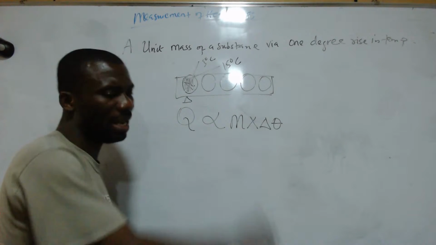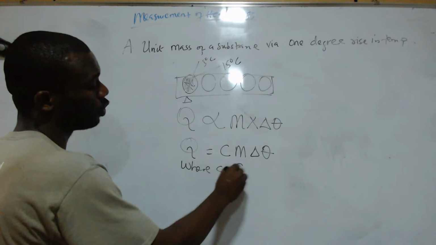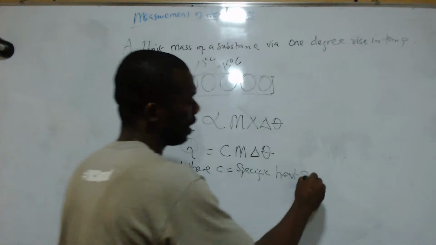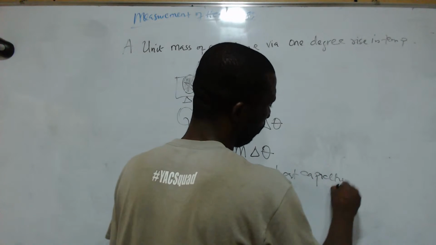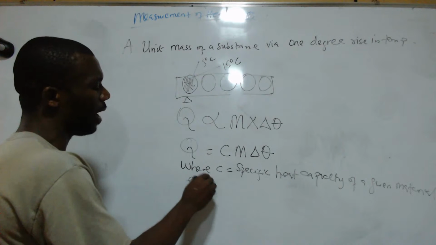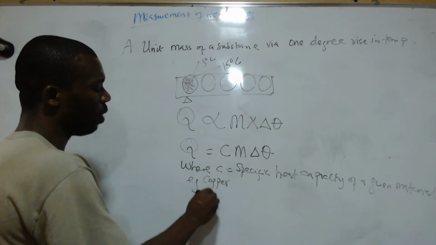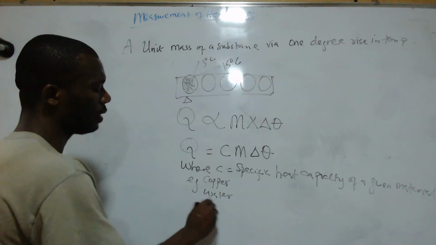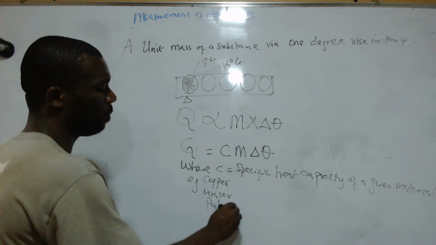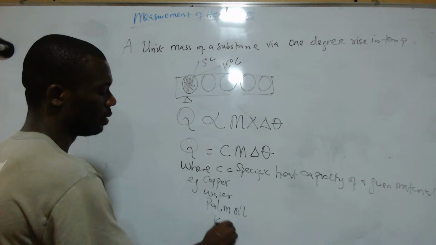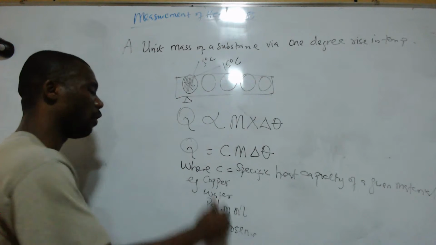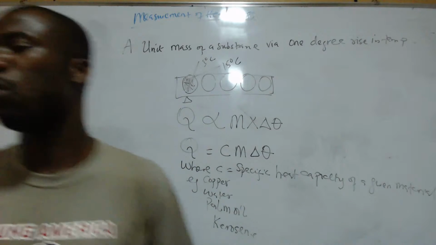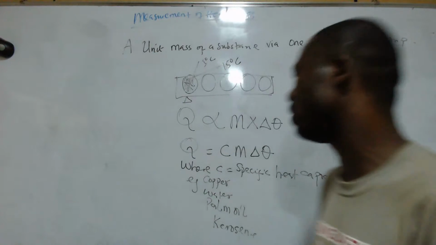Mathematically, that is equal to specific heat capacity. Given materials, for example copper, water, oil, palm oil, kerosene, and so on, these are different materials, and the molecules that make them up are arranged in different forms, so their specific heat capacity will be different.